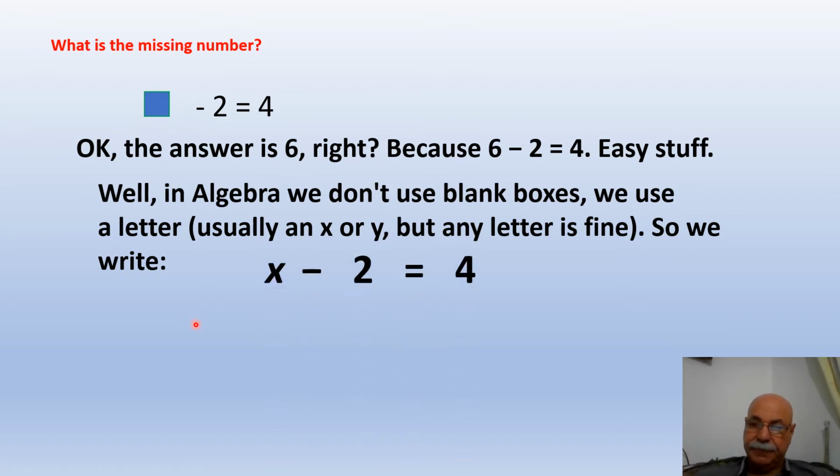You will see this becomes a simple equation. Here I want to know what the value of x is: x minus 2 equals 4. Which number do I put here in order to get 4? This is why I use the letter.